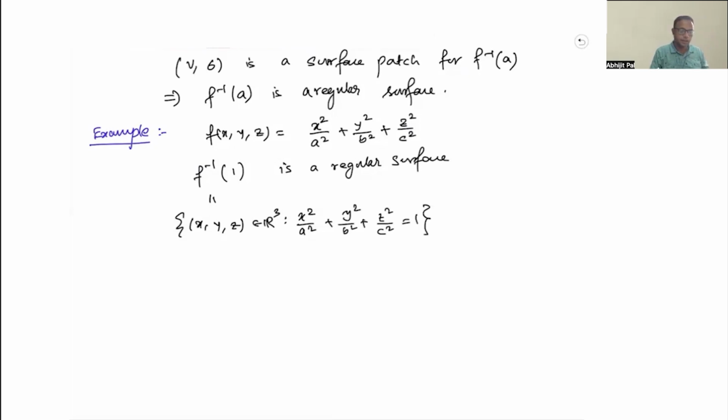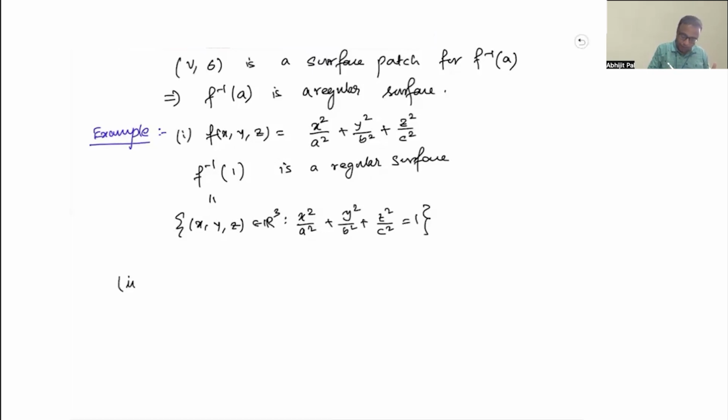So the ellipsoid is a regular surface. If I take a equal to b equal to c equal to 1, then you'll get a sphere. So the sphere is a regular surface.